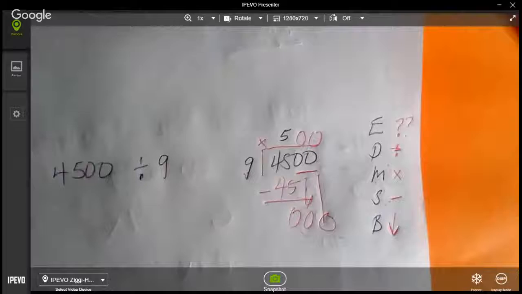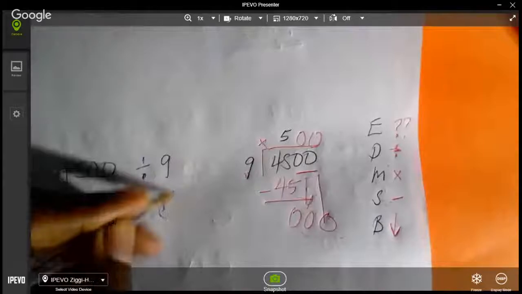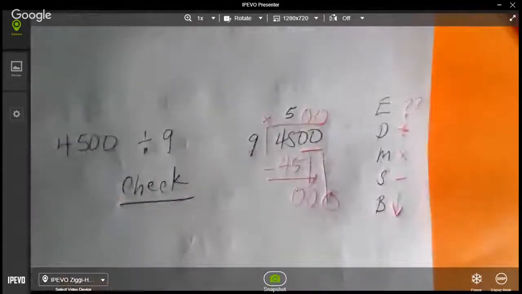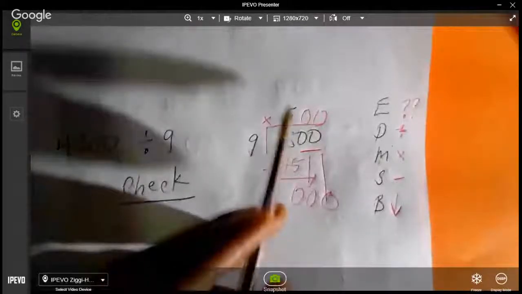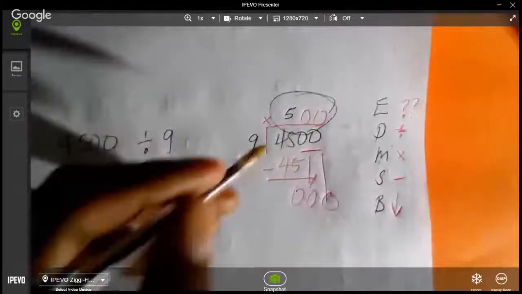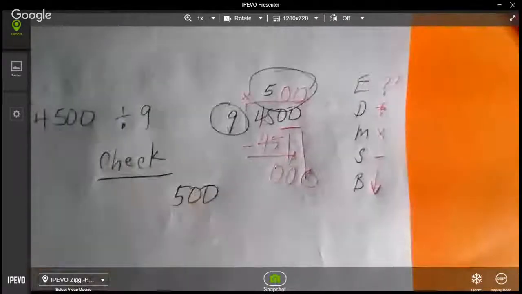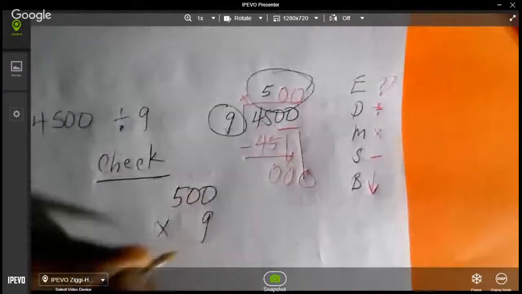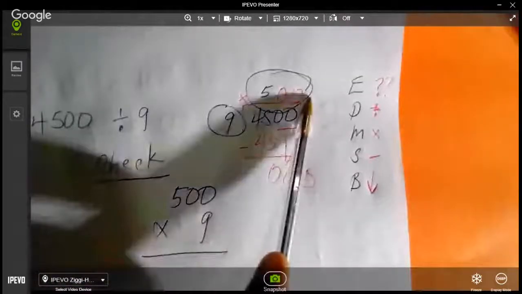What do we do to prove the answer now? If we want to check, multiply the quotient by the divisor.